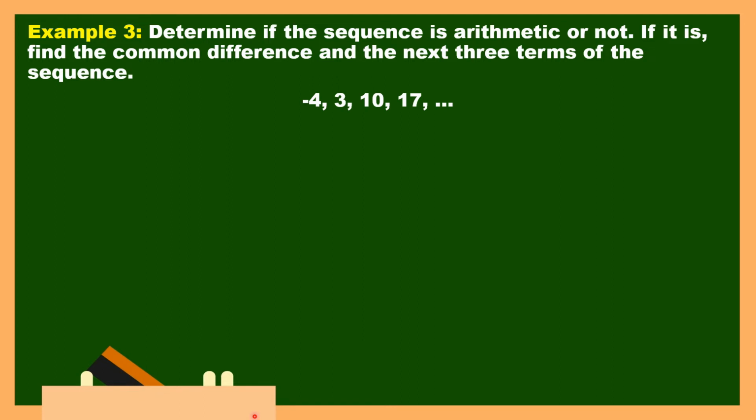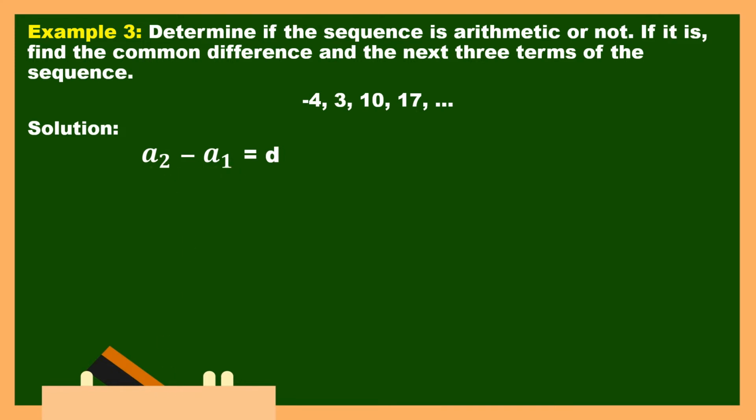So, ang una nating gagawin ay i-identify muna natin ang first term. The first term here is negative 4. Ang second term ay 3. Ang third term ay 10. Ang fourth term ay 17. At para makuha ang kanilang common difference, isusubtract natin ang first term mula sa second term.